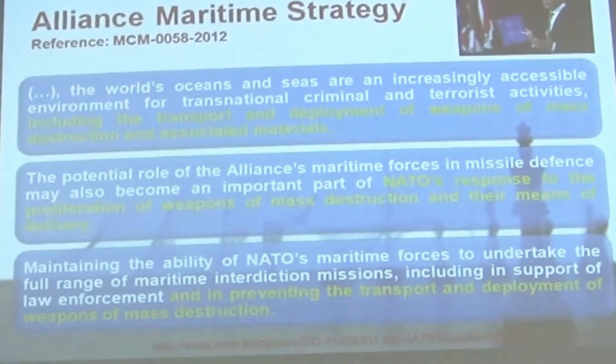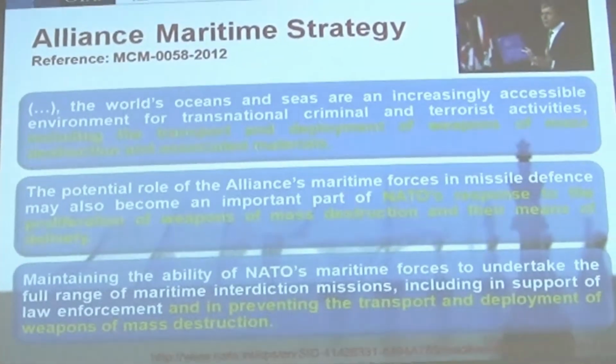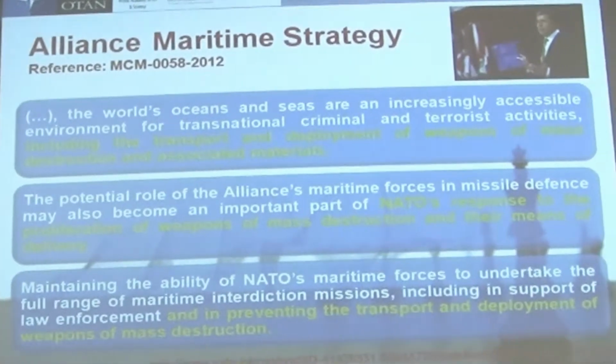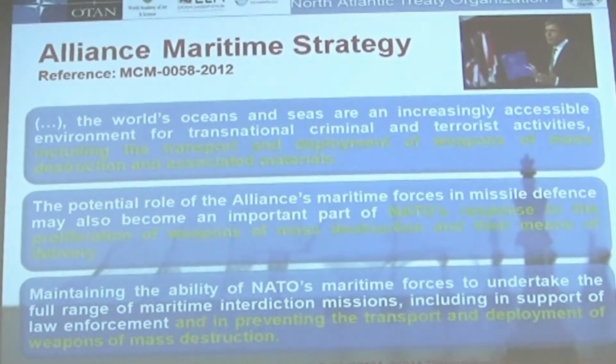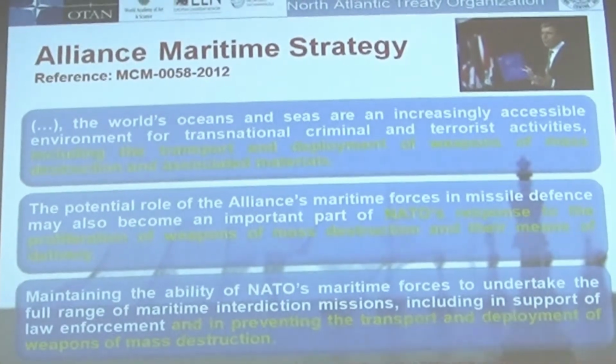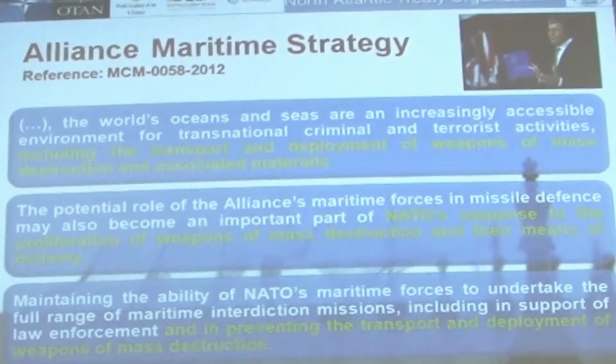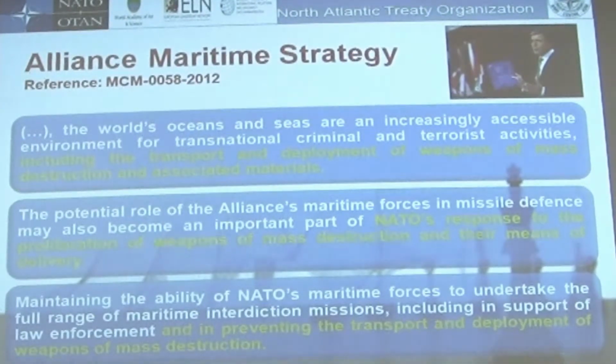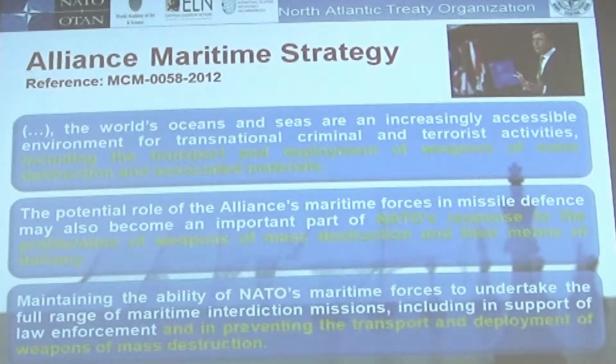The maritime issue is quite important because most of the communication lines, the trade lines, are taking place at the oceans. So maritime security became of increasing importance.